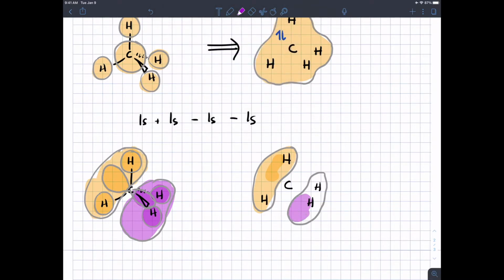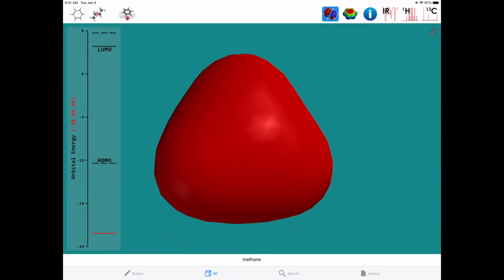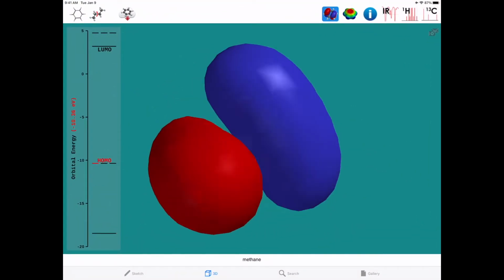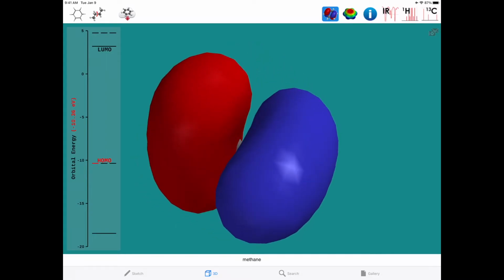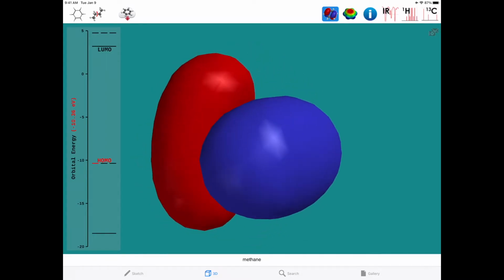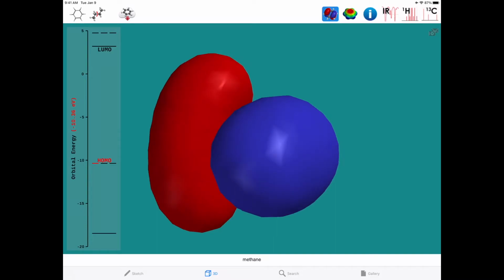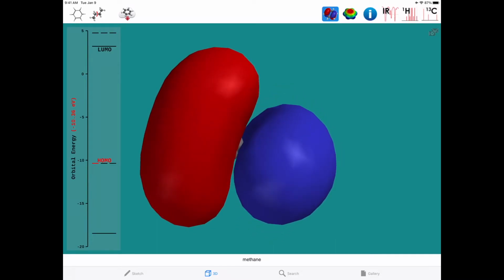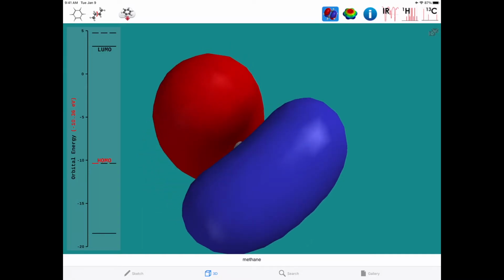And once I'm done shading in the color, we'll switch over to Spartan and I'll show you what that looks like. So instead of orange, we've got a red lobe on our left and a blue lobe on our right. And notice how those two lobes are oriented crossways relative to each other.